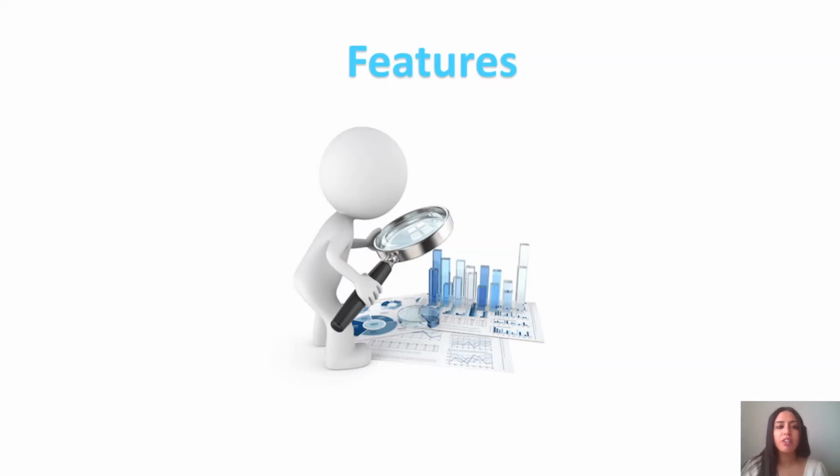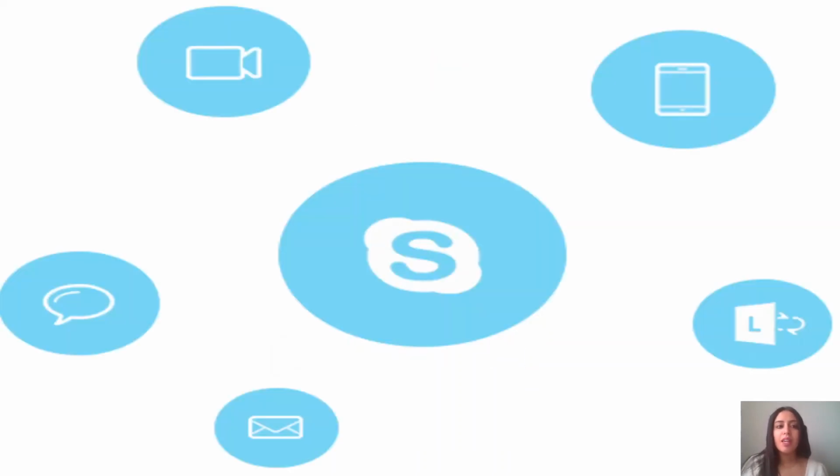So, what are the features for Skype for Business? Skype for Business contains the following features: instant messaging, voice, video, screen sharing on all your devices from any location. Phone numbers can be ordered or ported into the system for public telephone service network calling as well.